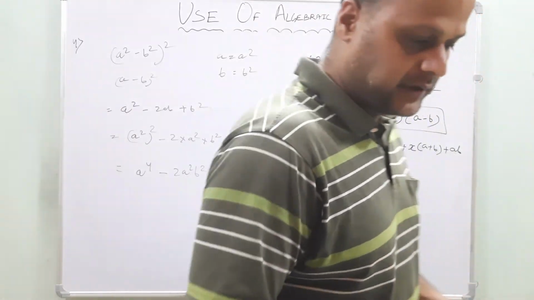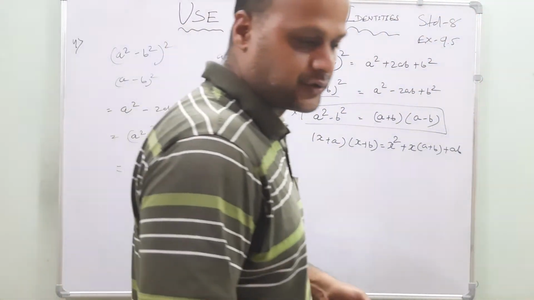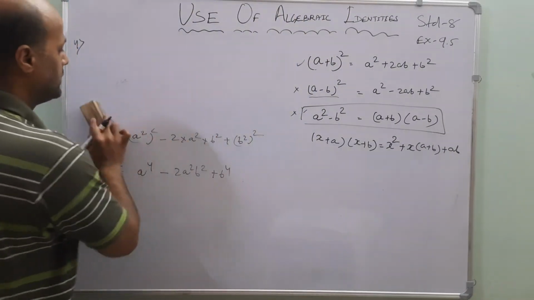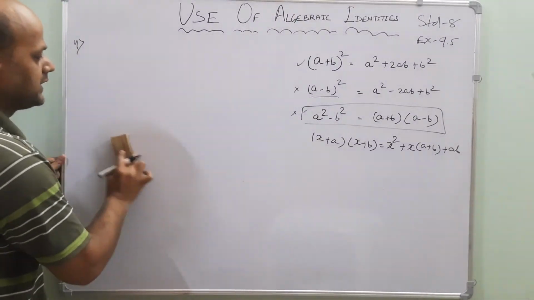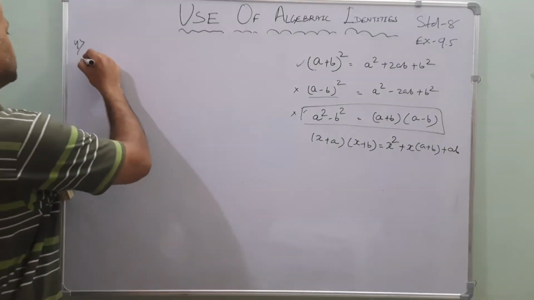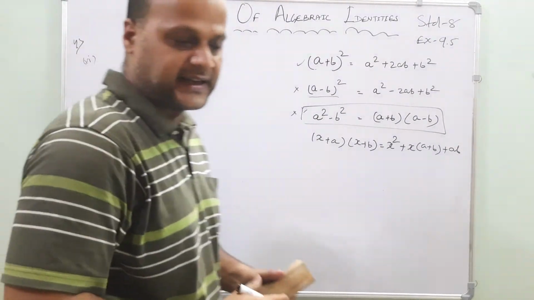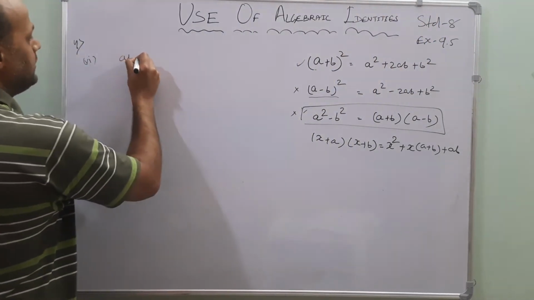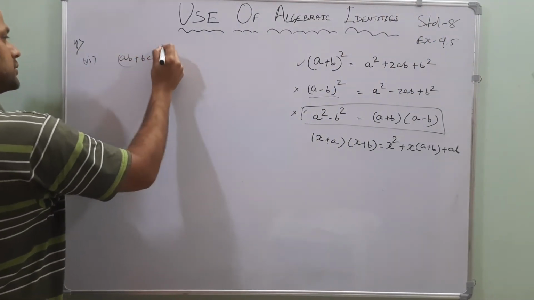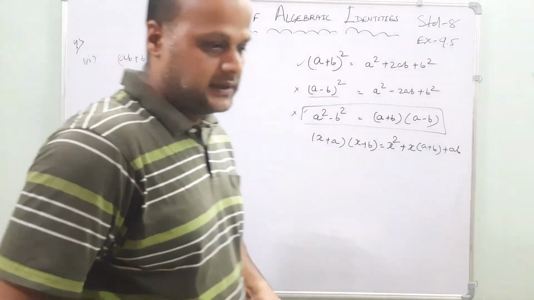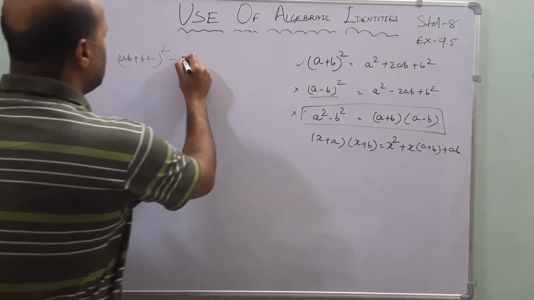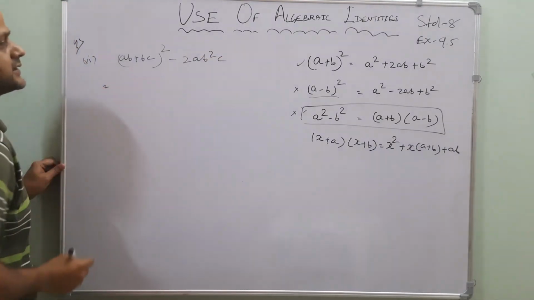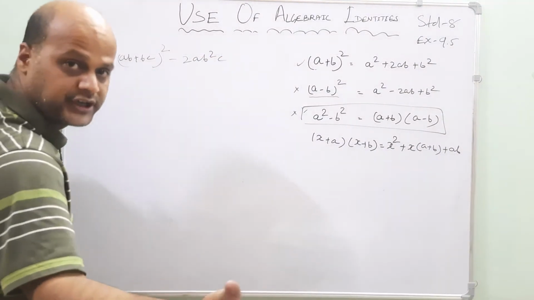Now one of the complicated ones I will go for. Sixth one. Always remember the identity, my dear friends. What is the sixth one asking? (ab plus bc) whole square minus 2ab square c. So what is the answer? It is (a plus b) whole square, we know it, it is clearly showing.